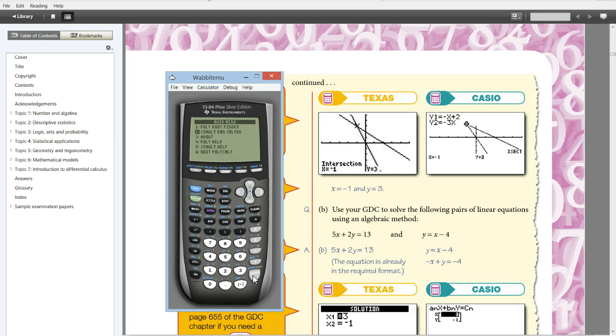So we're solving equations simultaneously, at the same time. We have two equations with two unknowns. You can choose if you want your answer as a decimal number or a fraction. You can use your normal notation or scientific notation.